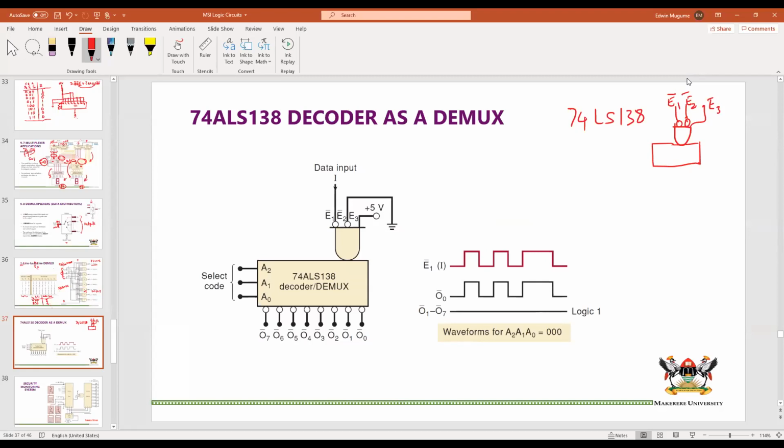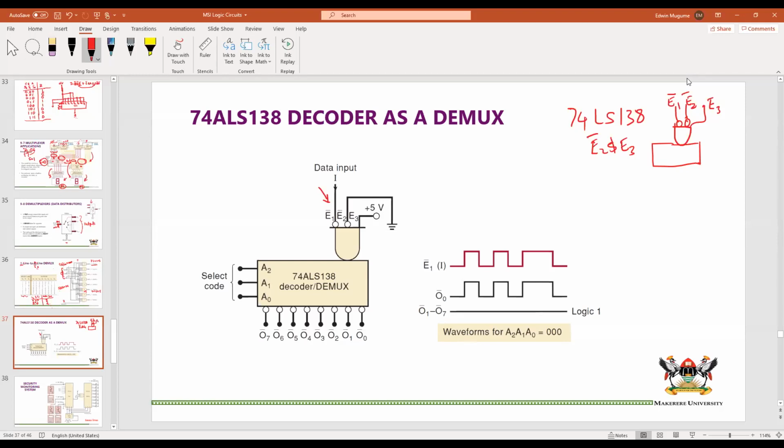Now, when we want to use this as a demultiplexer, clearly you use E1 as your data input. Here you can also use E2, but then you connect E2 and E3 in their active state. So you can see that E3 is connected to high because it is active high, and E2 is connected to ground because it is active low. And then you have your data going through E1.